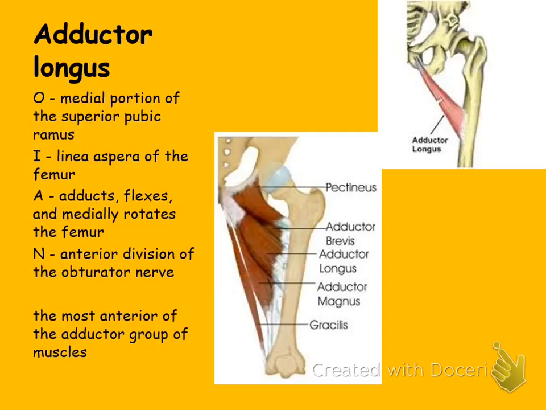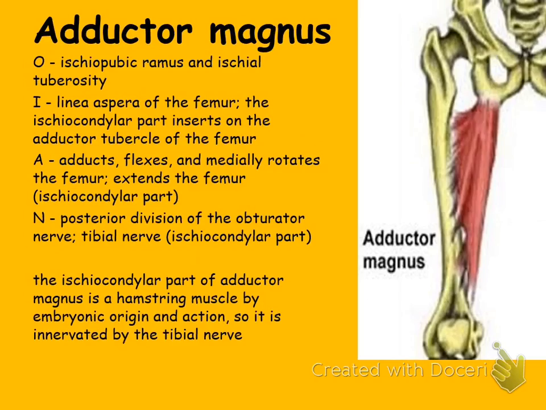There are more than this, though. We have the magnus, which is another one. Originates on the ischial pubic ramus and the ischial tuberosity, that's the butt bone, and inserts then on the linea aspera of the femur all the way down to the adductor tubercle, and it adducts and flexes and immediately rotates the leg.